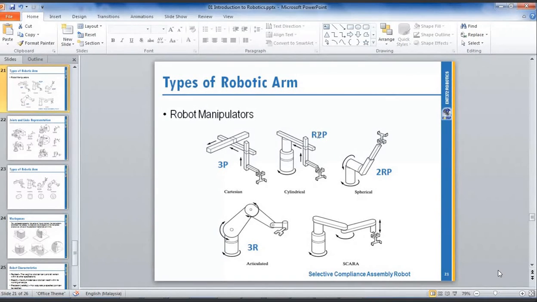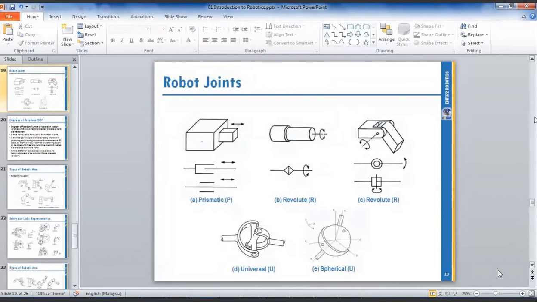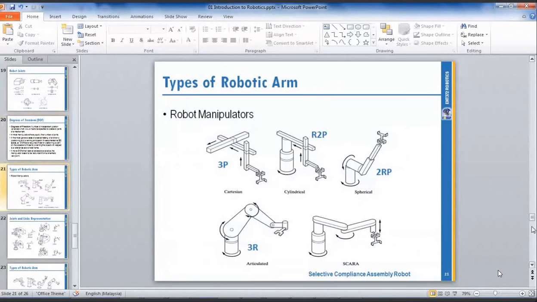So R2P means 1 revolute joint and 2 prismatic joints. This rotates here, performing a cylinder shape, and this goes up and down in the Z axis, and this is maybe the Y or X axis.